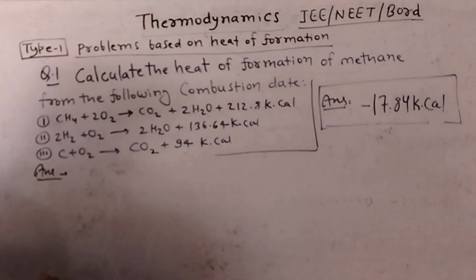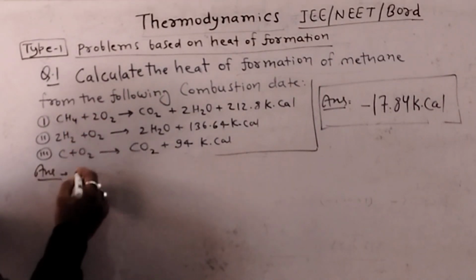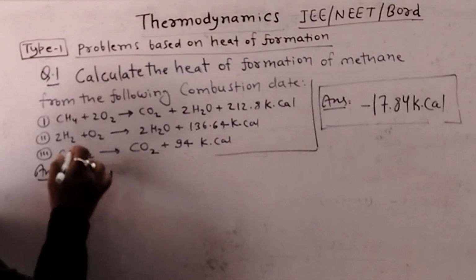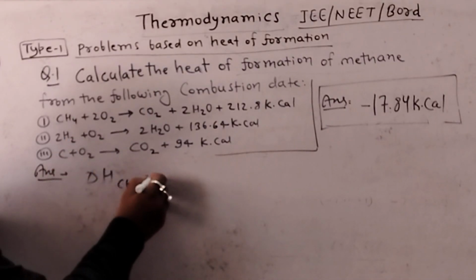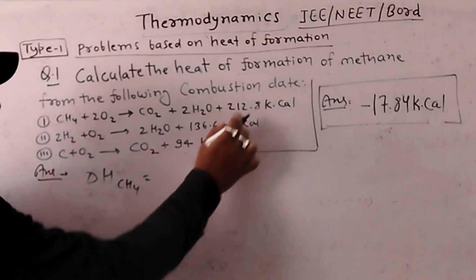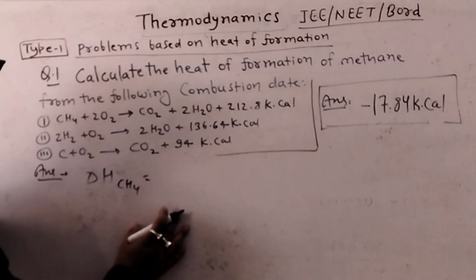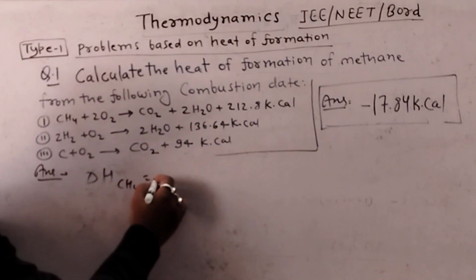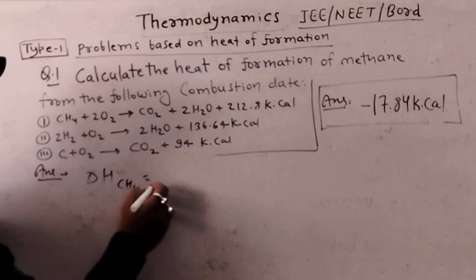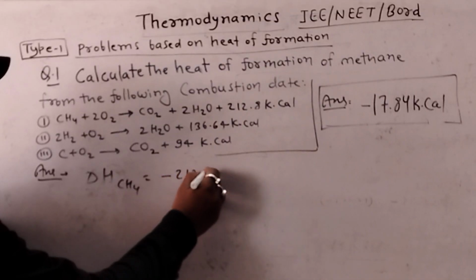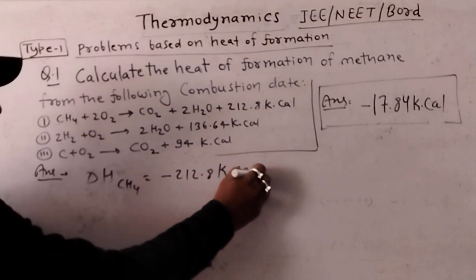So initially we can write the value of delta H for combustion of methane. Here the data is in positive form. Now all reactions are exothermic, so the sign changes. The value of delta H for methane due to combustion is minus 212.8 kilocalorie.